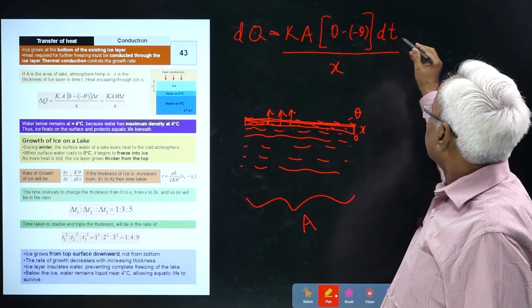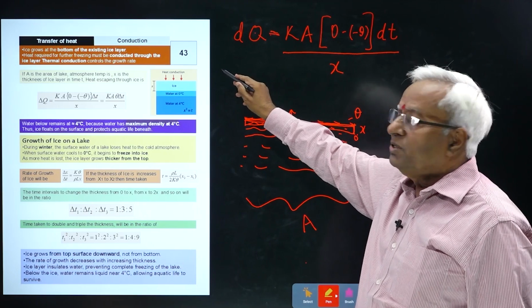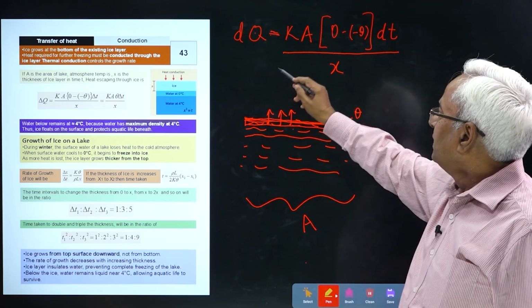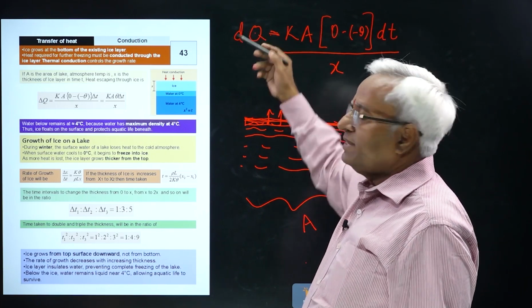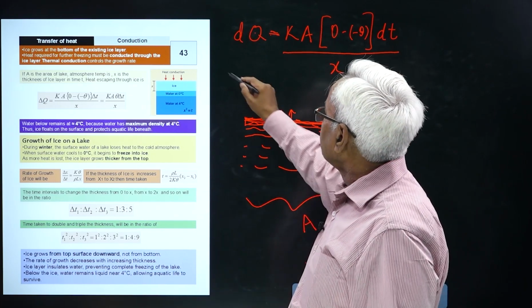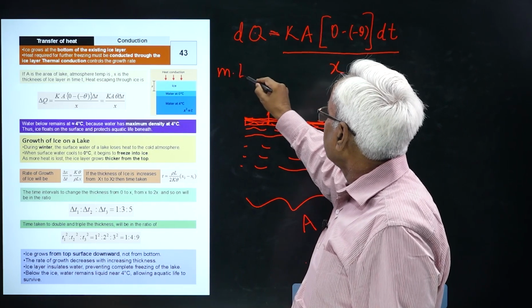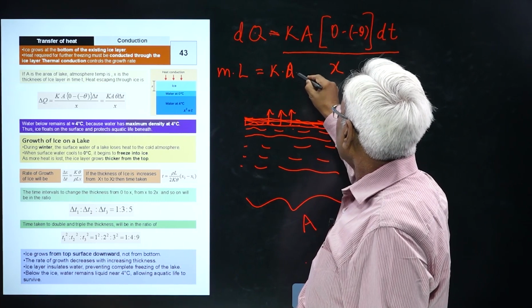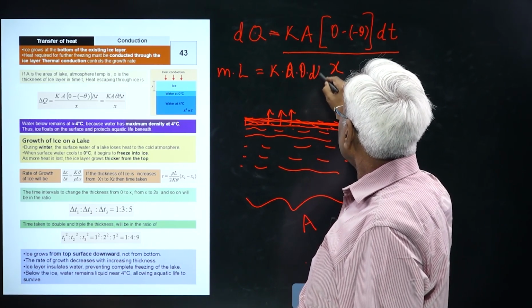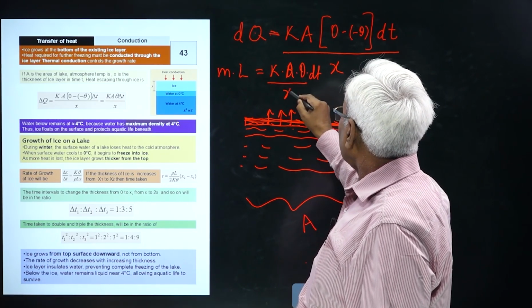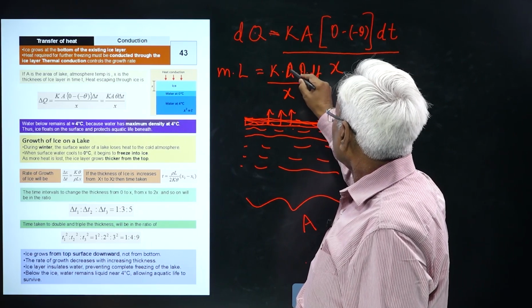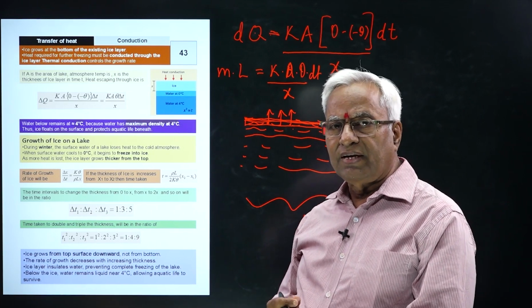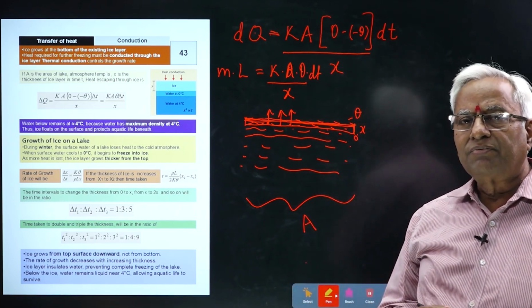Heat transfer will be given by Q equal to m s delta theta or m c delta theta, or it could be written as m L. This could also be written as m L equal to K A theta dt upon x.